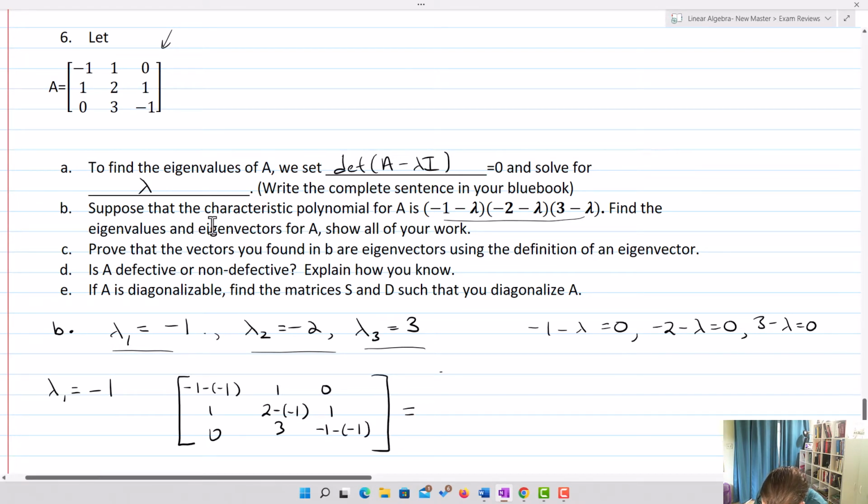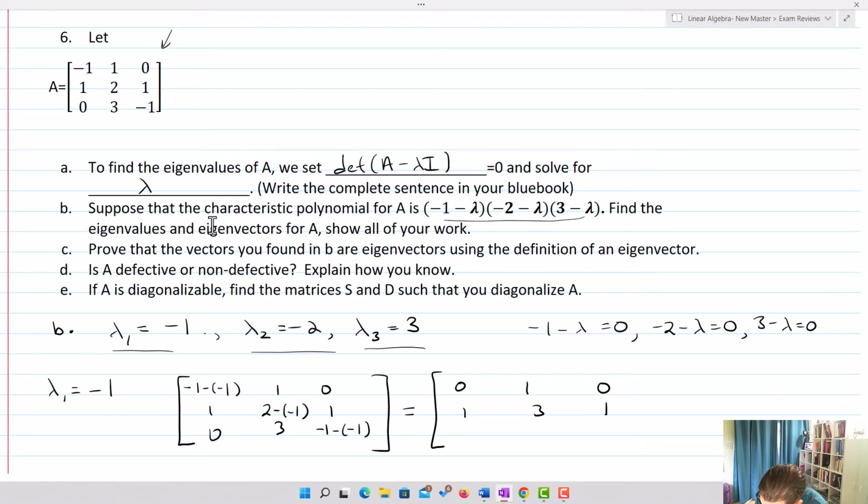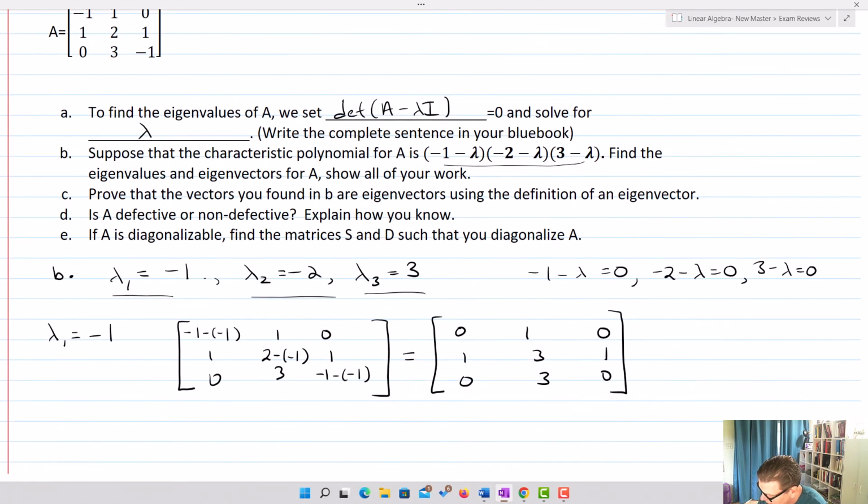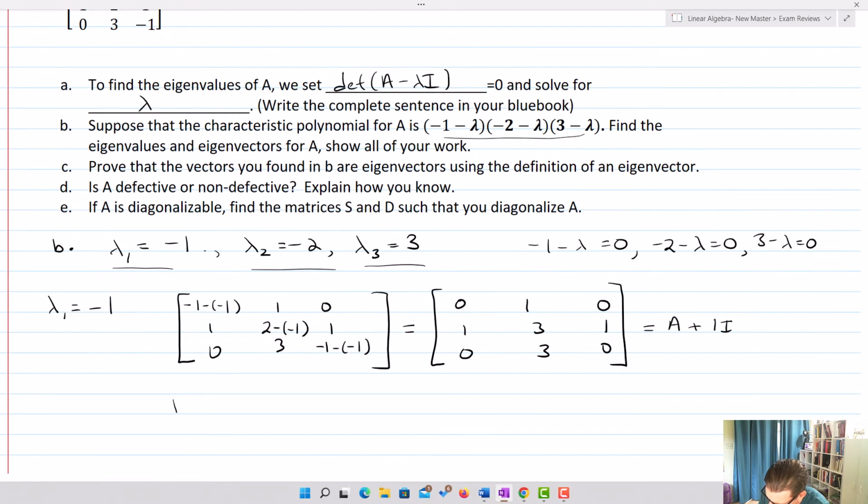This ends up equaling 0, 1, 0, 1, 3, 1, 0, 3, 0. This is A plus 1I. Now I need to find the null space of this, so I want to find the RREF of A plus 1I.